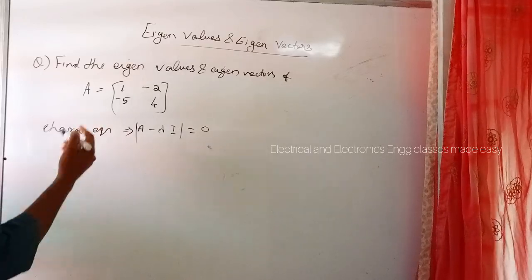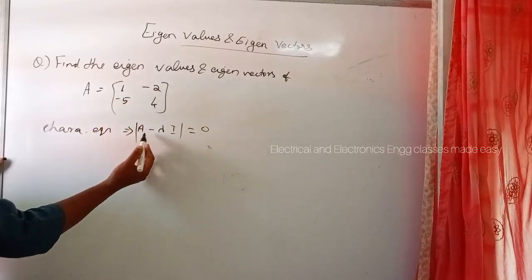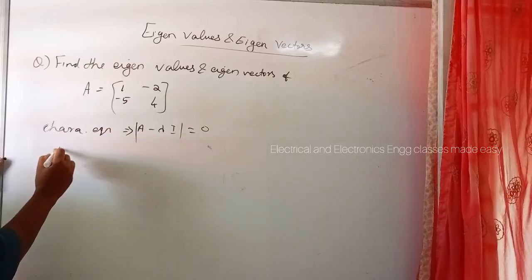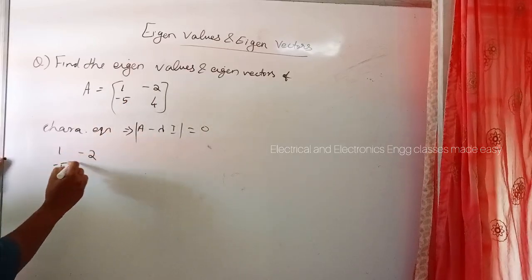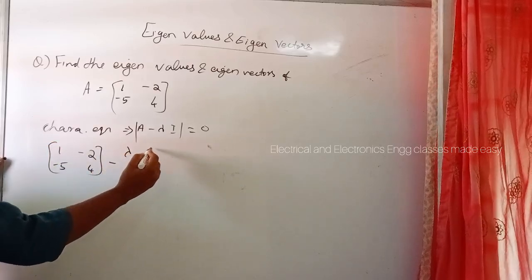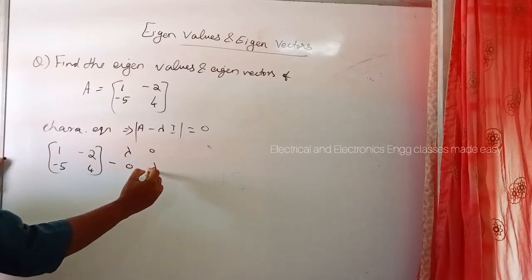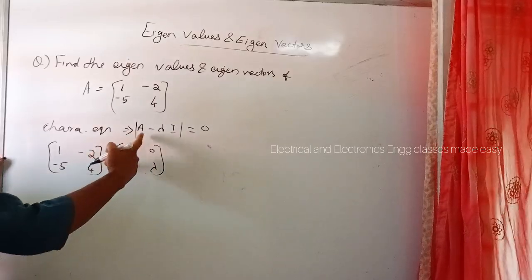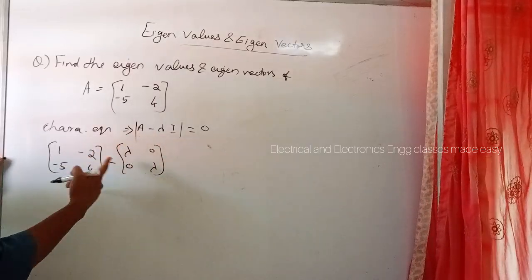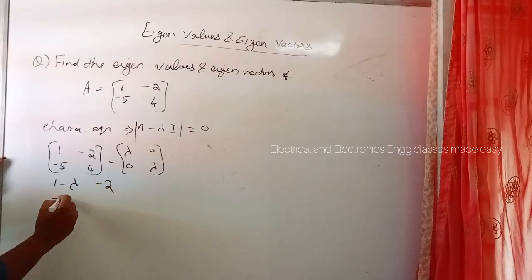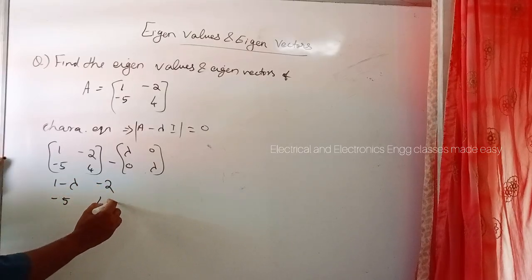For that, we have to write A minus lambda I, that is A, which is [1, -2; -5, 4], minus lambda I, that is [lambda, 0; 0, lambda]. First of all we have to find A minus lambda I. Here we will get [1 minus lambda, -2; -5, 4 minus lambda].